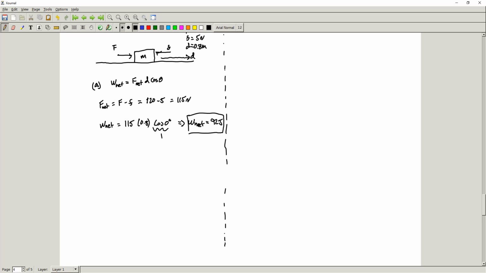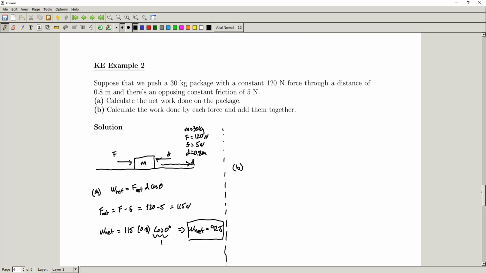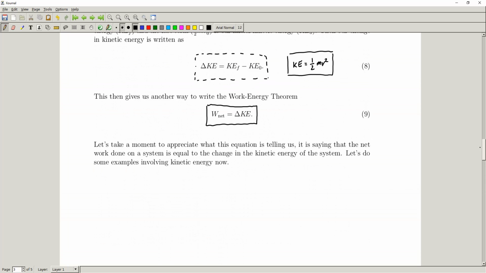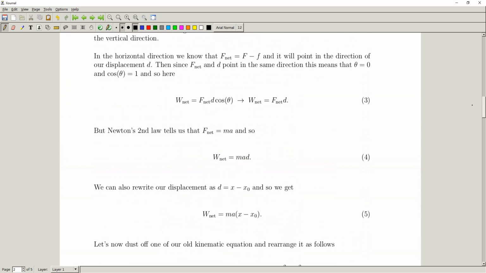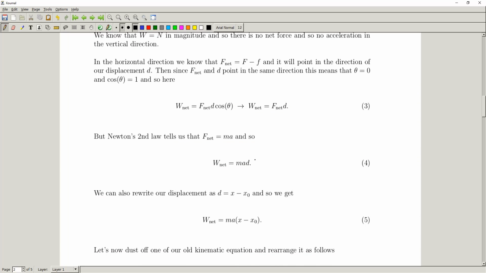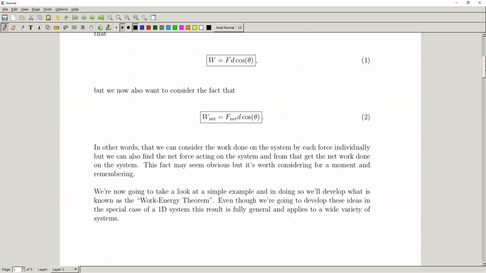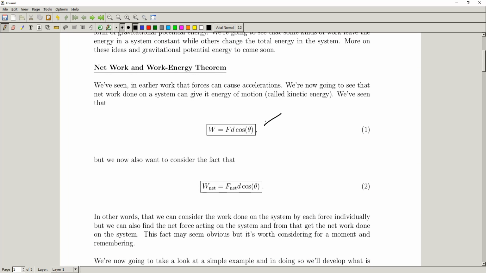Okay. And on this other side here, I'll do part B. So in part B, what are we asking for? We want to calculate the work done by each force and then add them up. This brings us back to one of the first points I brought up in the video, that we can look at the work done by each individual force, or we can look at the work done by the net force and get the total work done on the object.